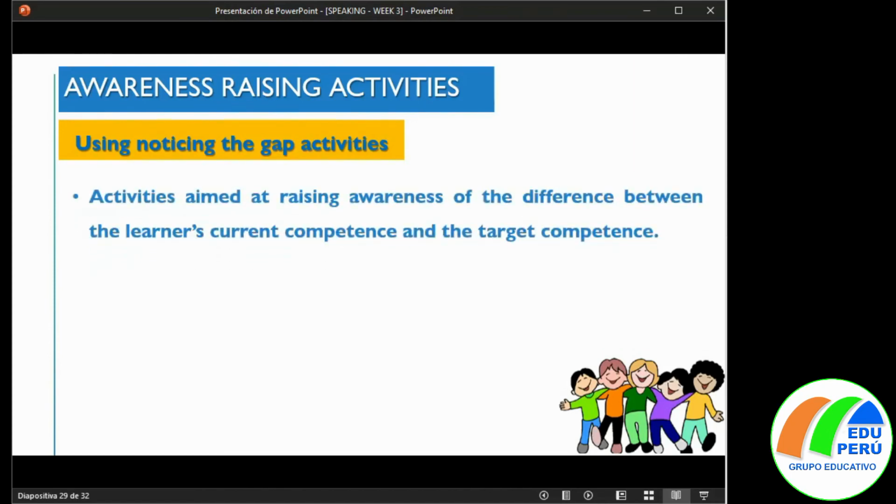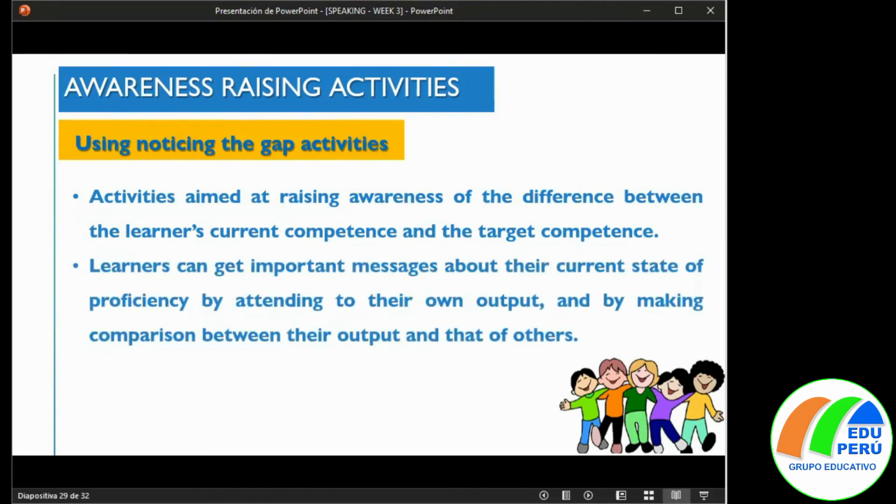So these activities aim at raising awareness of the difference between the learner's current competence and the target competence. Learners can get important messages about their current state of proficiency by attending to their own output and by making comparison between their output and that of others.